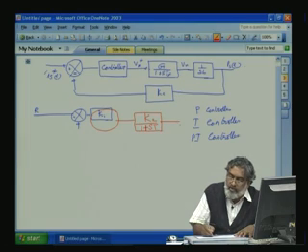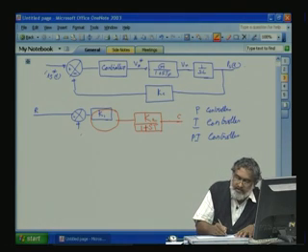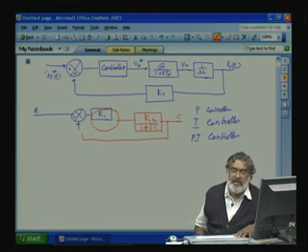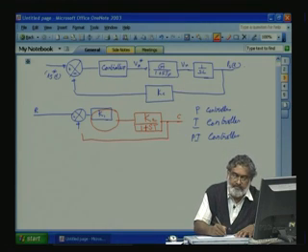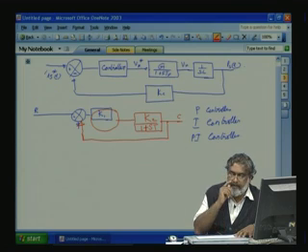This is our output, which I will represent as C. We will keep our system very simple.